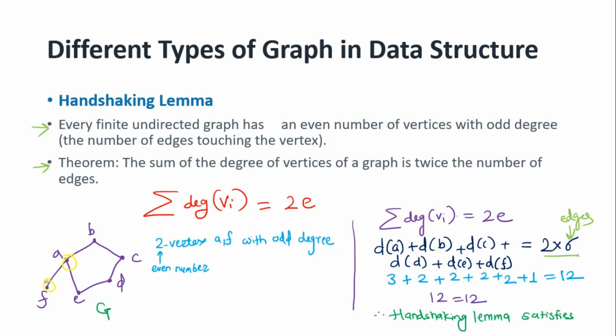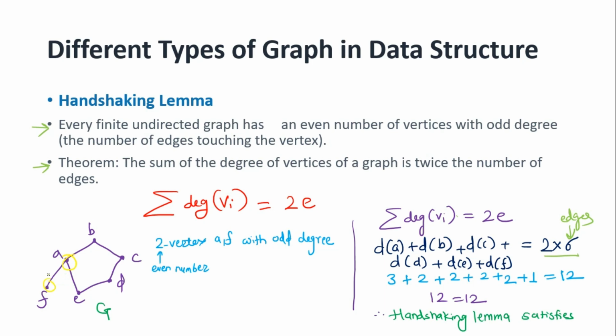So we have F whose degree is 1. I have vertex A whose degree is 3. For vertices B, C, D, E, their degree is 2 and 2 is not an odd number. So I just have these two vertices whose degree is odd.